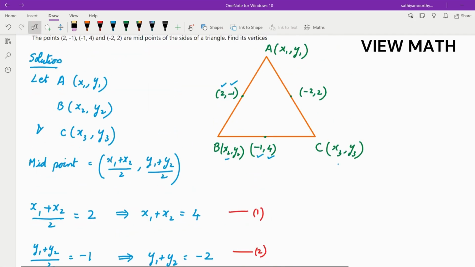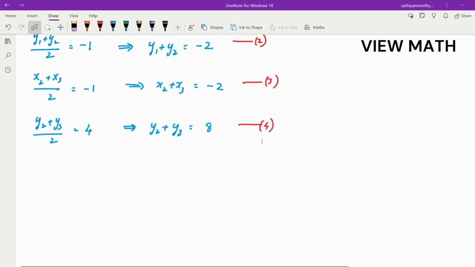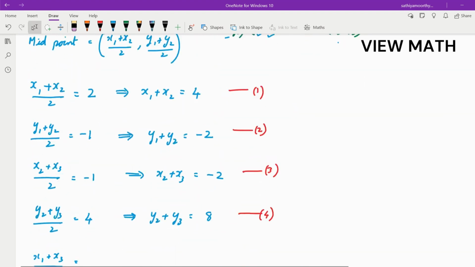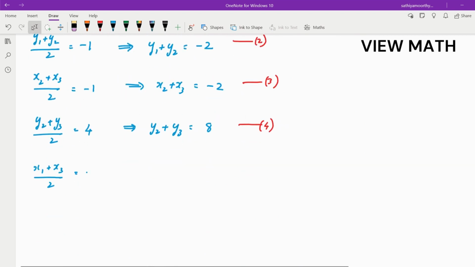Now coming to the side AC, x1, x3, I'm going to equate it to the midpoint. (x1 + x3)/2 is equal to the x coordinate, -2.